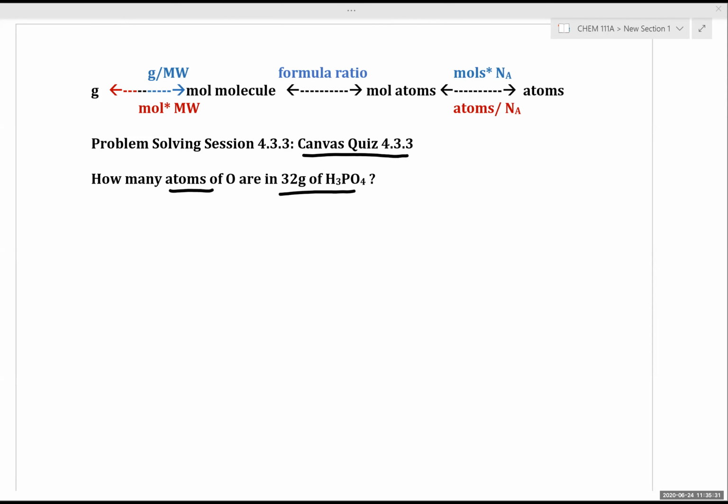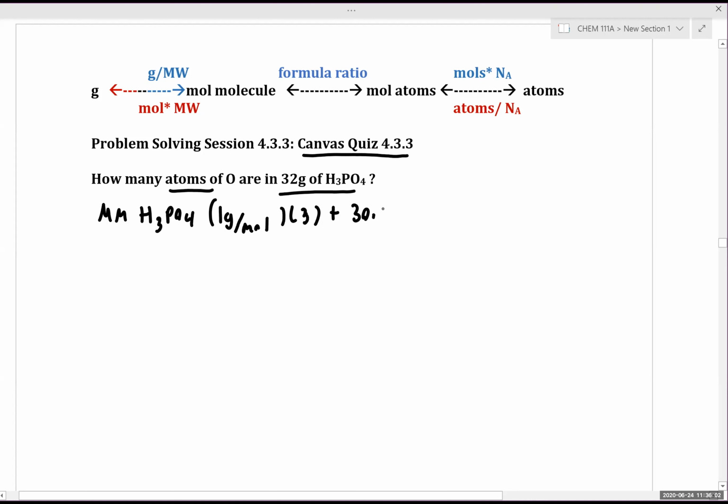Okay, so let's discuss this next example. We're asked to figure out the atoms of oxygen in 32 grams of phosphoric acid. First things first, let's calculate the molar mass of phosphoric acid. We have 1 gram per mole for hydrogen, and we have 3 hydrogen atoms. We have 30.9 gram per mole for phosphorus, and we have 1 phosphorus atom.